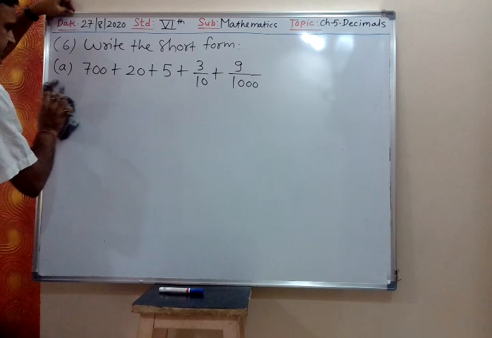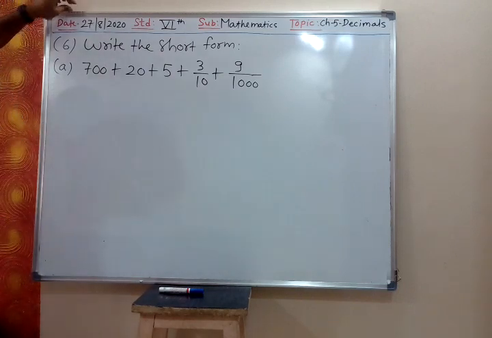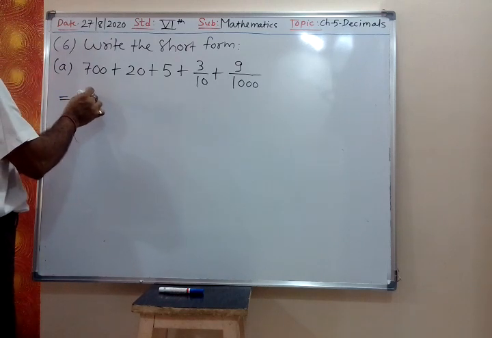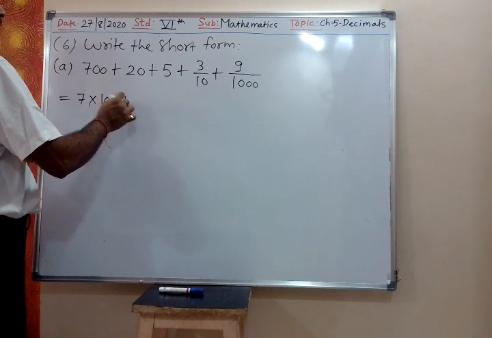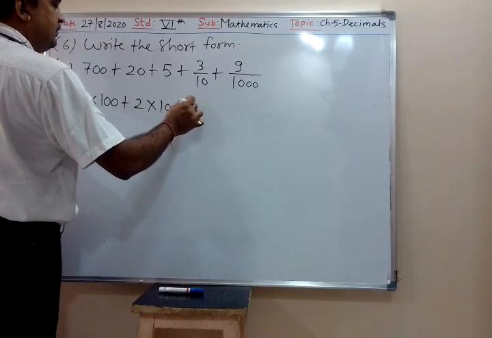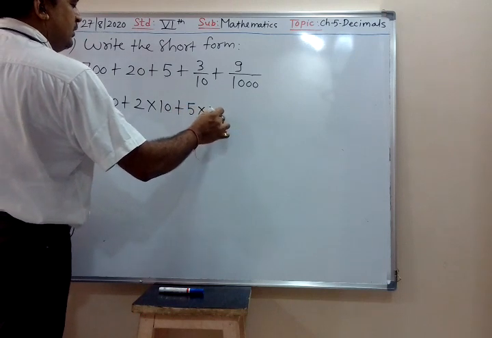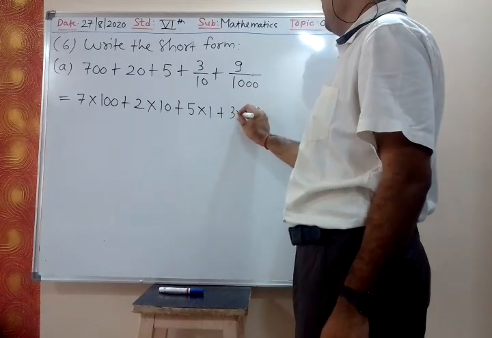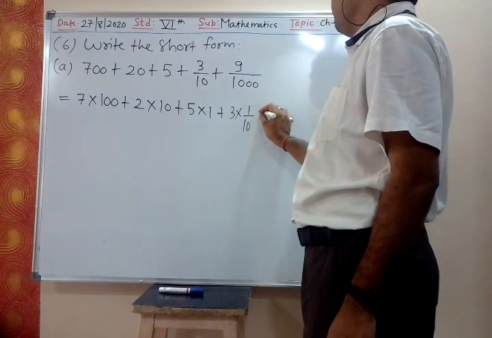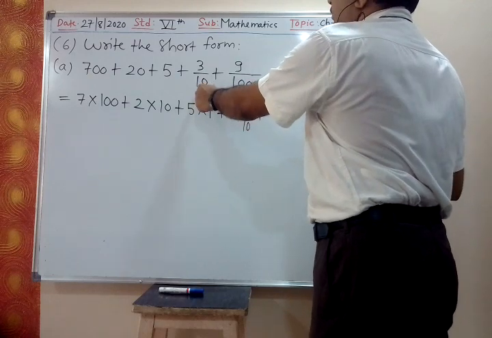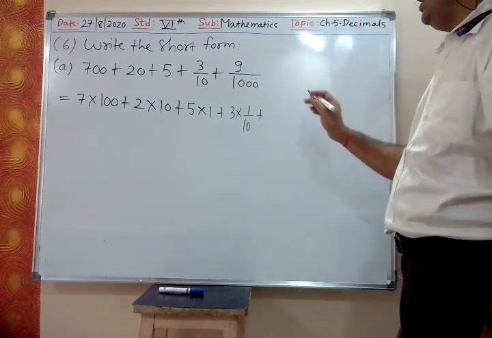Now what we can do, see here. How we write? We go in the reverse way. 700 means 7 into 100 plus 20 means 2 into 10 plus 5 means 5 into 1 plus 3 upon 10 means it is 3 into 1 upon 10. Now after 10 it is 1000, but after 10 we want 100.